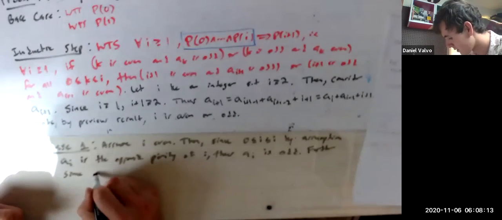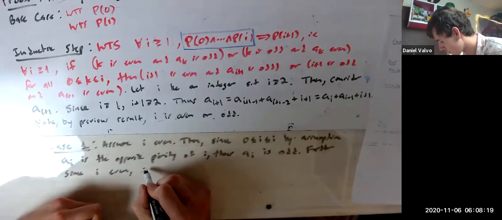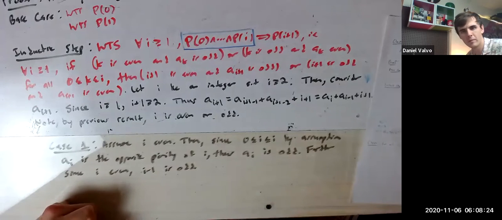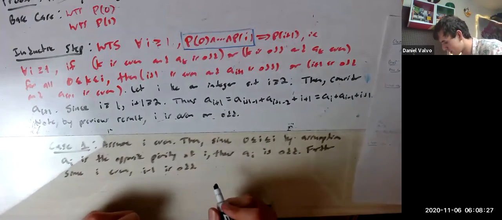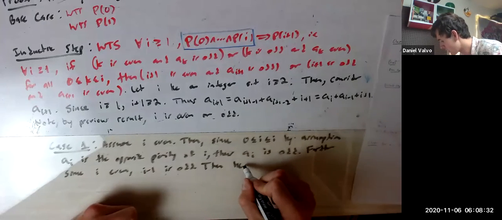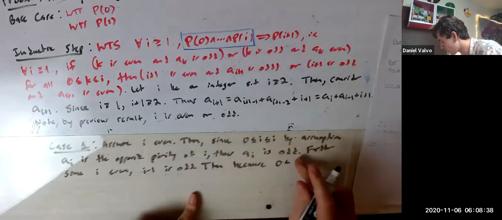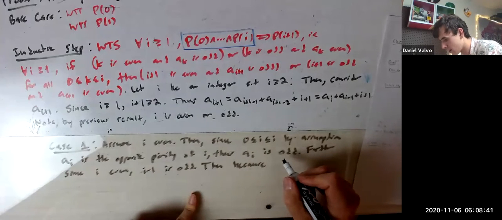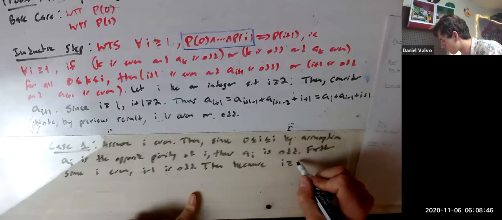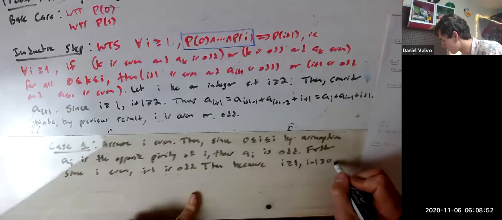Further, since i is even, i minus 1 is odd. You've shown things like that before. Then, because i is greater than or equal to 1, i minus 1 is greater than or equal to 0.